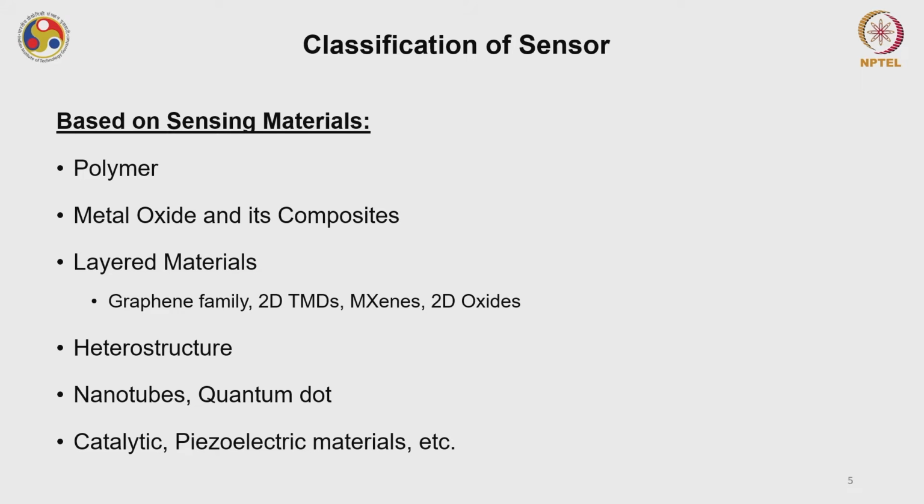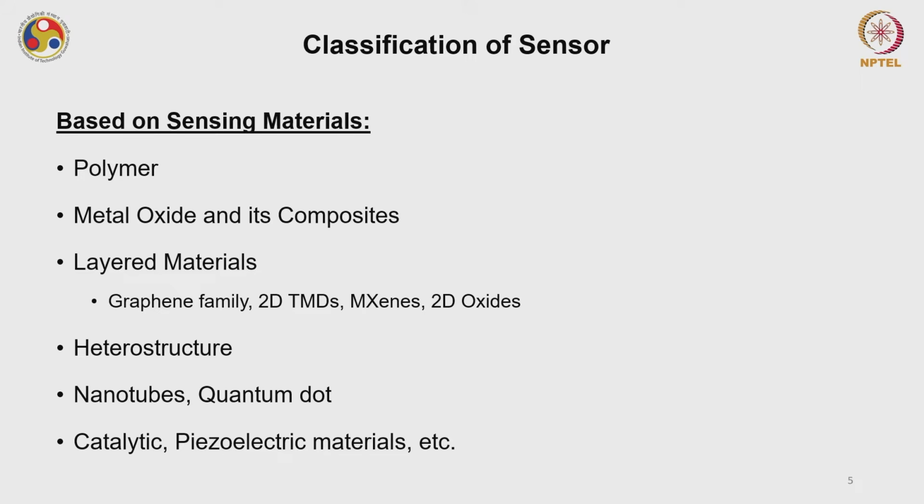The second class is metal oxides. Metal oxides are mostly wide band gap semiconductors, but we have other narrow band gap metal oxides also available, and its composites with the metal oxides as well as with other materials like some metal nanoparticle or some polymer or some other class of material that we are going to discuss now. They constitute a major class of sensing material. With the inception of graphene, a number of layered materials have come into existence.